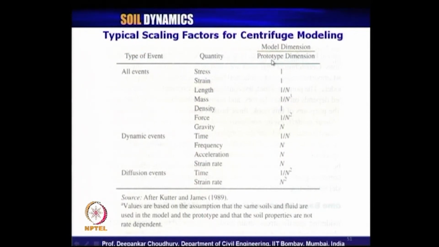That means, if the frequency of your earthquake is, say, 1 hertz, you have to apply 30 hertz, such a very high frequency and such a very small time. So, what kind of dangerous situation you are handling, because applying a very high frequency is dangerous both to your equipment as well as your sample and everything in the surrounding vicinity.